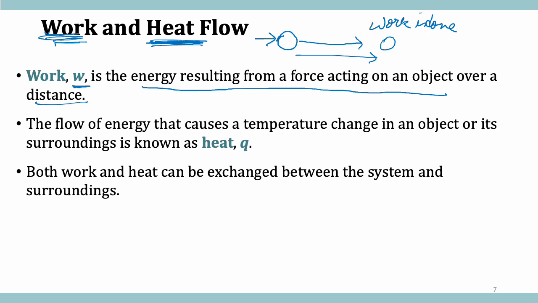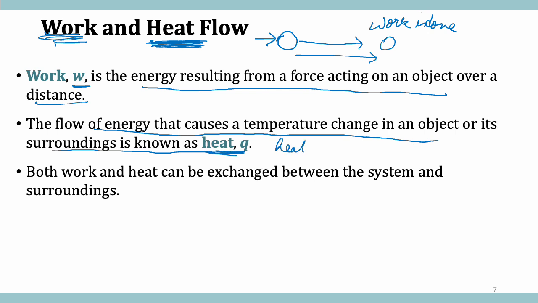The next way the energy transfers is through heat. The flow of energy that causes a temperature change in an object or its surroundings is known as heat. Whenever energy flows because there is a temperature difference between the 2 objects, the energy flow is called heat.